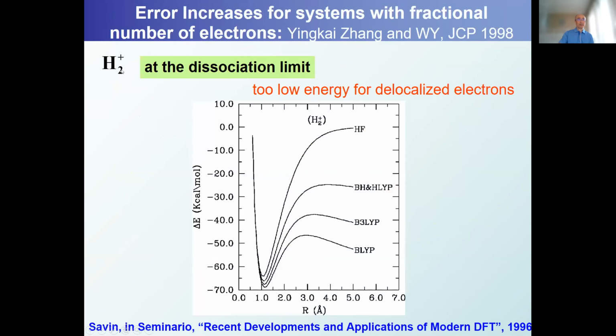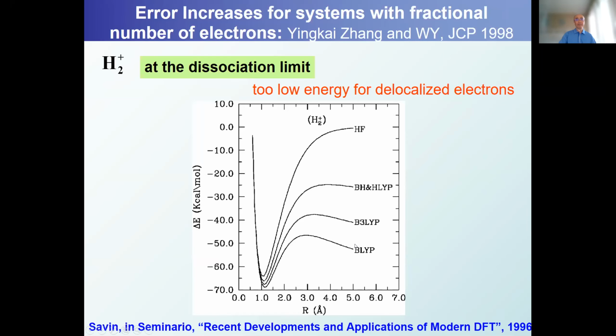Take a dissociation system, H2 plus. With one electron, Hartree-Fock will be exact. This is the potential energy curve. Different DFT functionals describe equilibrium reasonably, but when it stretches to large distance, it has a huge error. And this is all because these functionals describe the half electron at the dissociation limit with energy too low.